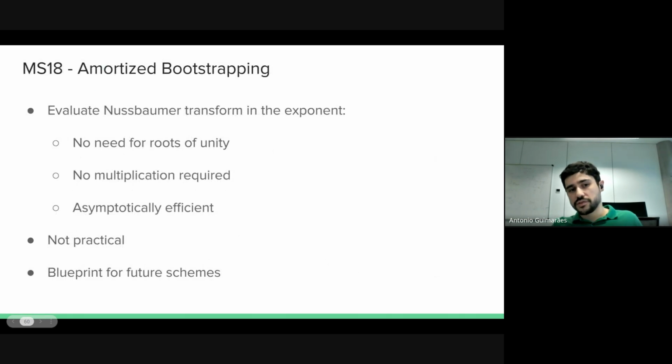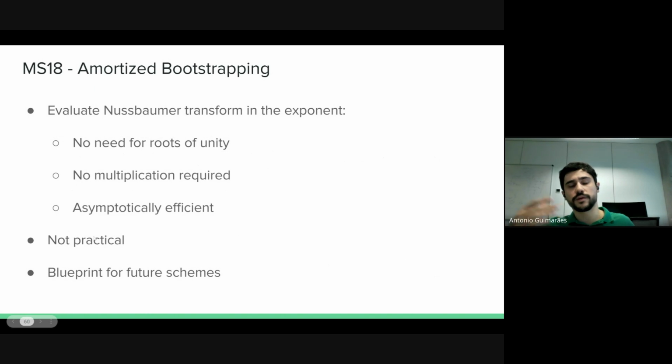Based on these operations, what MS18 proposed was to actually use the Nussbaumer transform to compute this efficient polynomial multiplication. I will not get into details, but essentially the Nussbaumer is something that you use when you don't have roots of unity, for example, when you want to do something that is NTT-like. It's very good in terms of operations. You don't need roots of unity, you don't need multiplication, it's asymptotically efficient, but it's really not practical.